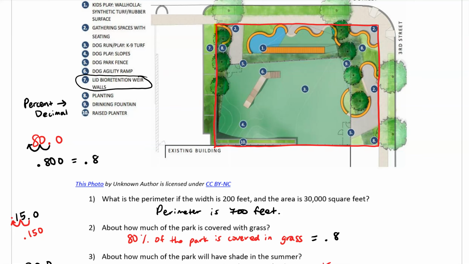I'm going to have to use a different color, so maybe let's try blue. It looks like the wall is this here, which is basically the value that we found in part 1 when we were talking about the length. And so it's not written here, but recall that the length was equal to 150 feet.